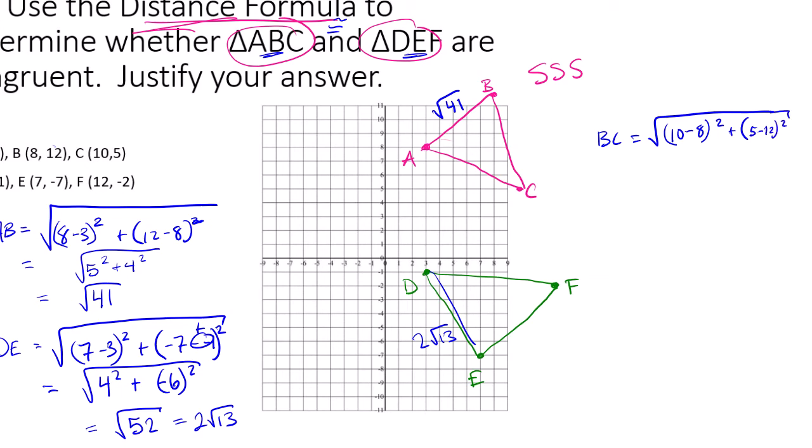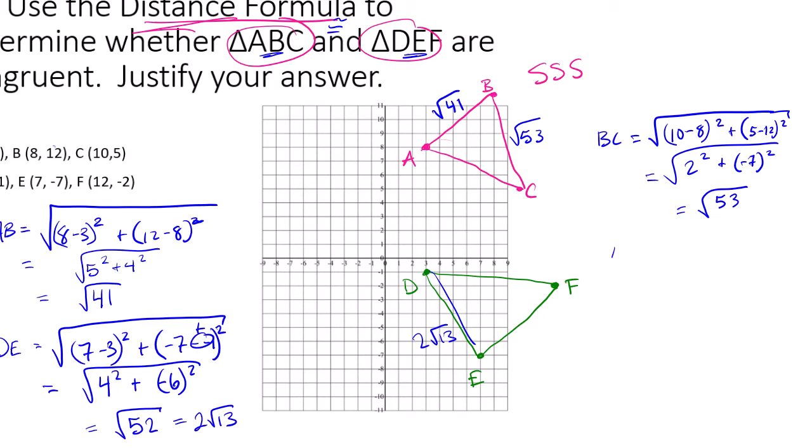All right, and so that would be 2 squared plus -7 squared. So 4 plus 49 is 53. So we get root 53. All right, so close to square root of 52, but not exactly the same.